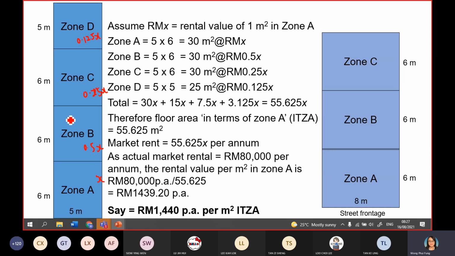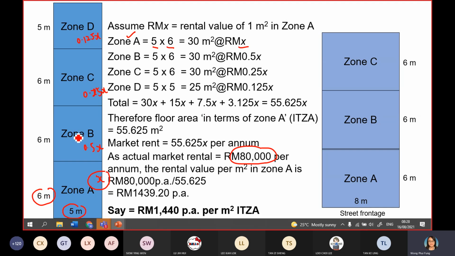Now we know that the rental here is 80,000. First, for zone A, you just use the frontage times the depth times the x. So that's 5, 6, x. Can you see? 5, 6, x.